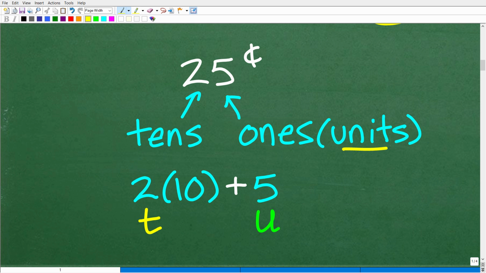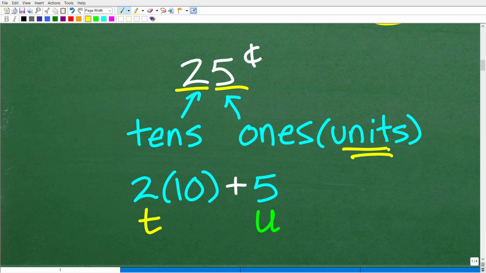Now, of course, these days not many things cost 25 cents because of inflation, but that is a whole different story. But anyways, if we have an item that costs 25 cents, the first digit is the tens digit, and the second digit is the ones digit, or the units digit.